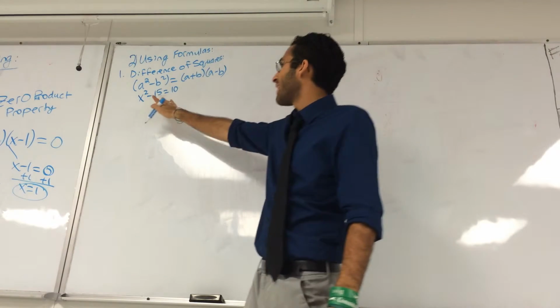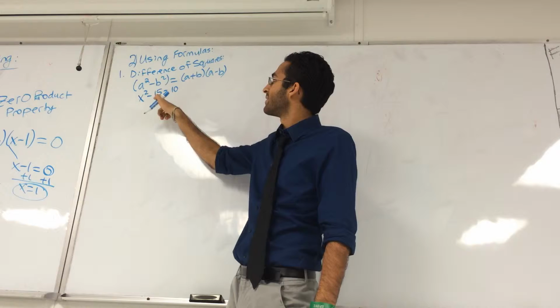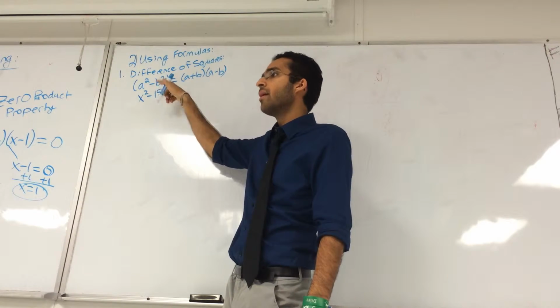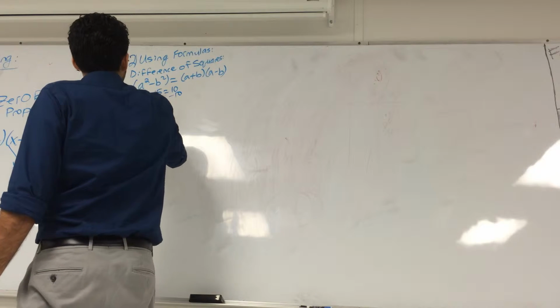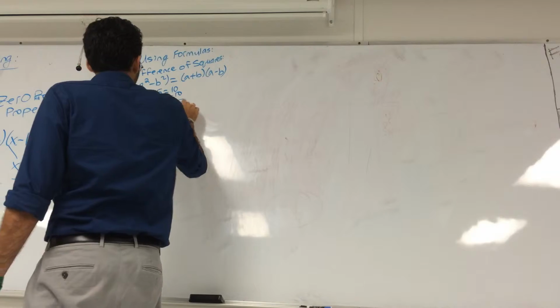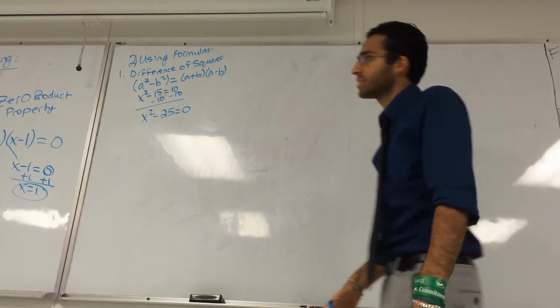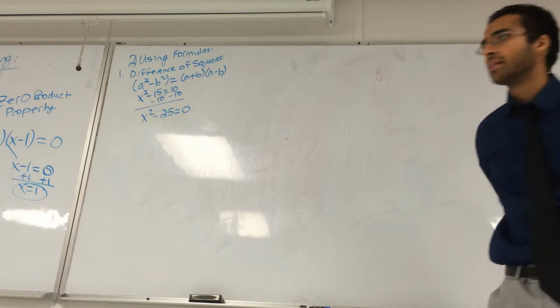So this right now doesn't look like this, because this one is not a perfect square. But I can do something very nice here. I can just minus 10 on both sides. And now I've got x squared minus 25 equals 0.